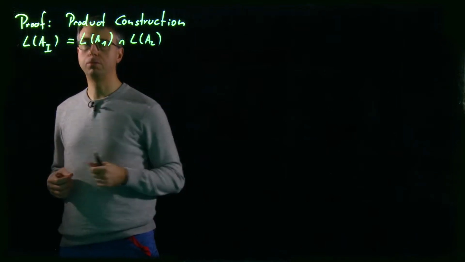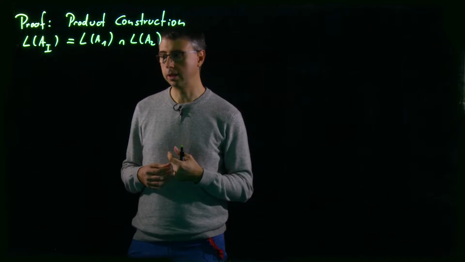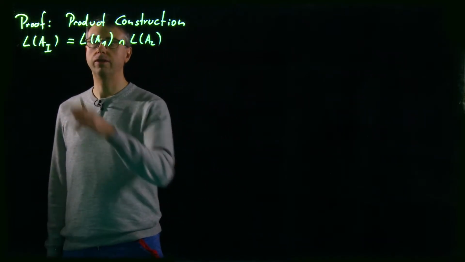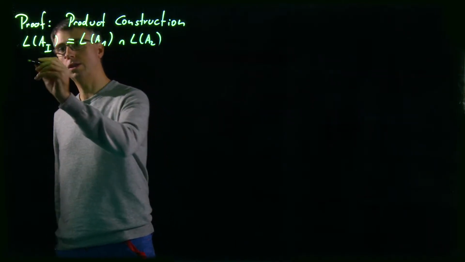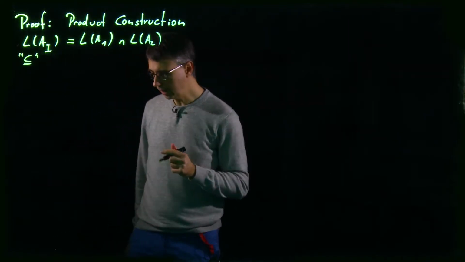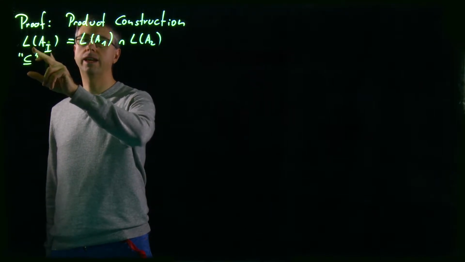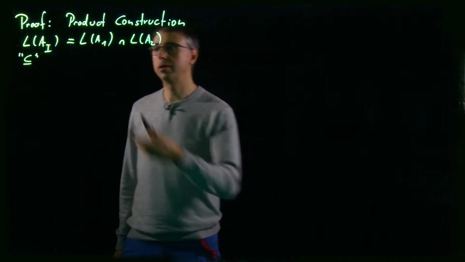And for proving set equality, we have to do two proofs, two parts. First, we have to prove that this language here is a subset of the second language. So the first part is subset. To prove that this language here is a subset of this language, we simply take one of the words from this language.